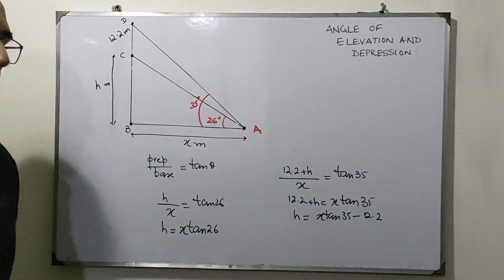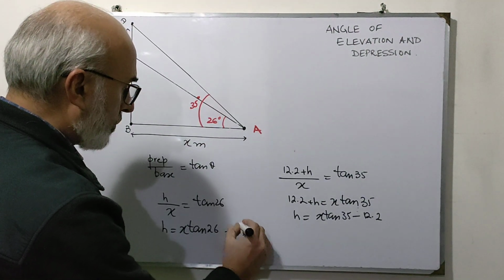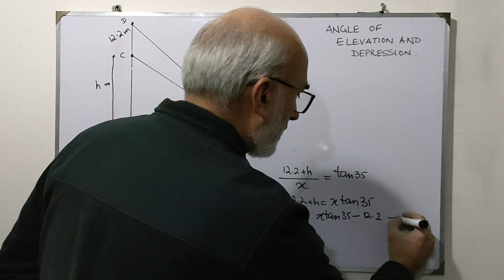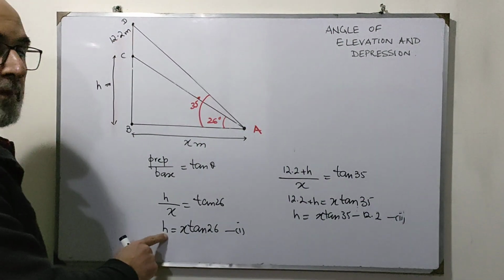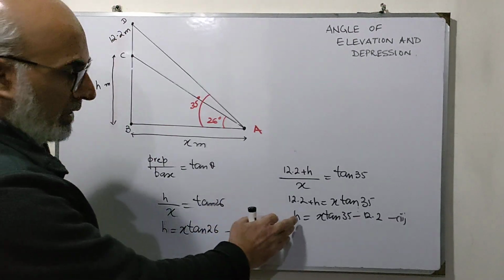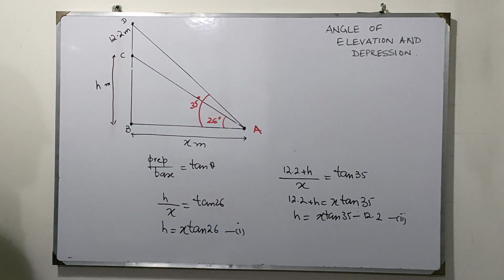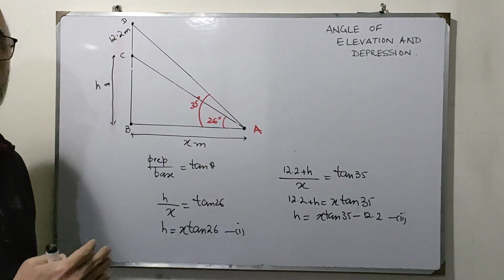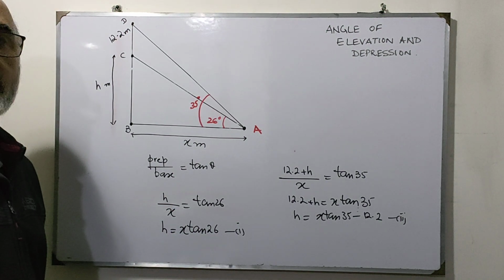Now if we see, I have this equation 1 and 2. In both the cases, the height h is equal to x tangent 26 or x tangent 35 minus 12.2. So in both the cases I am equating for height h.